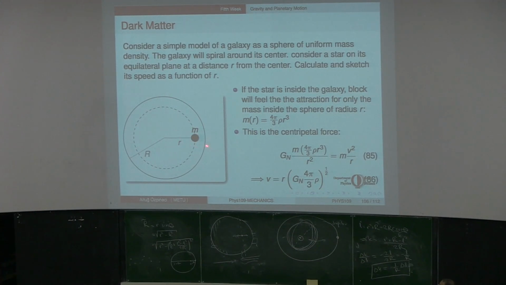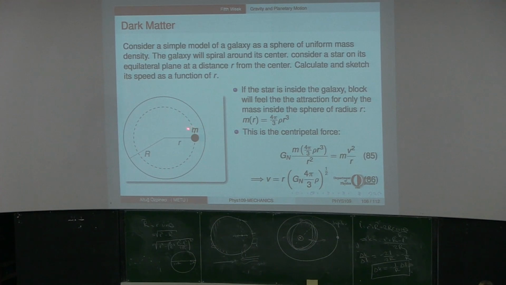But we had just proven that if you divide this sphere, which we use to model the whole galaxy, into a sphere with a radius small r and the remaining shell, now we know that this shell, since our star is inside this shell, doesn't exert a force on my mass m.